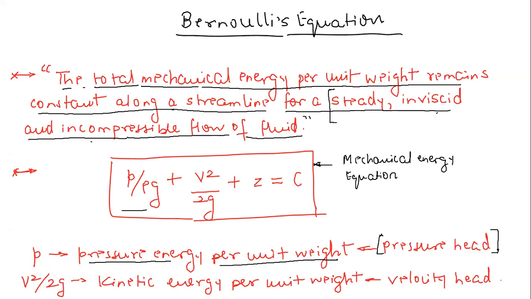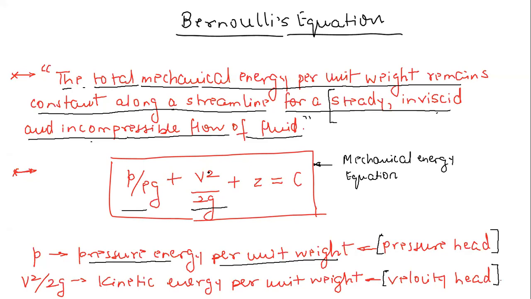Energy per unit weight is called head. So if it is pressure energy per unit weight, it is called pressure head. Another term we have is V square by 2g. This is kinetic energy per unit weight, and this is called velocity head. Very important.